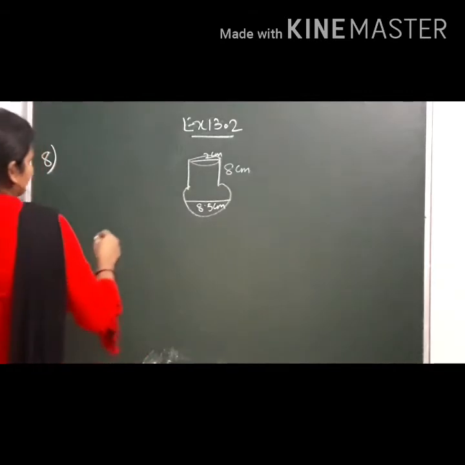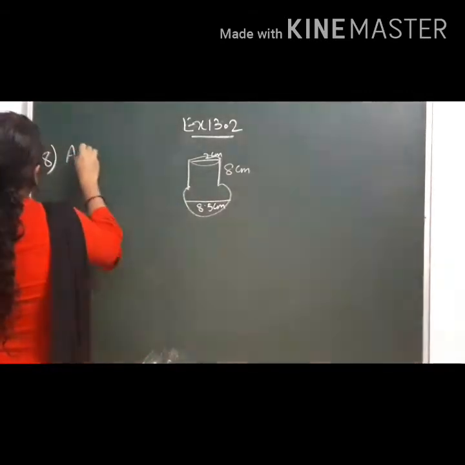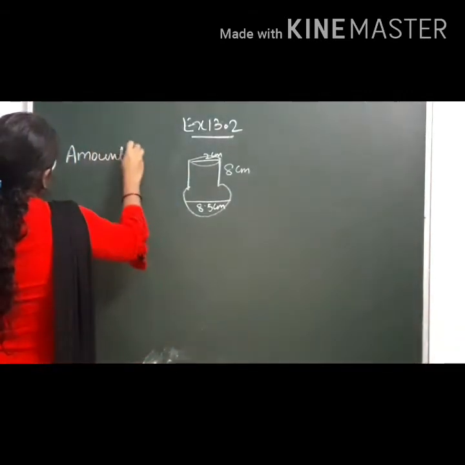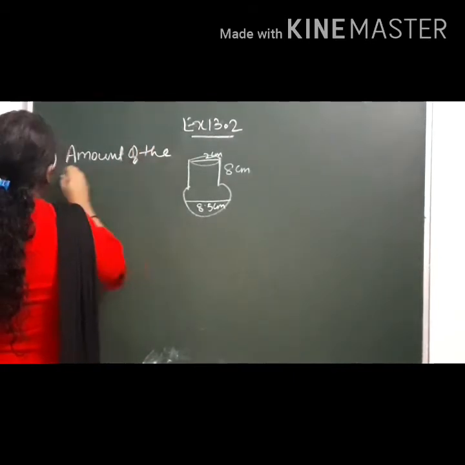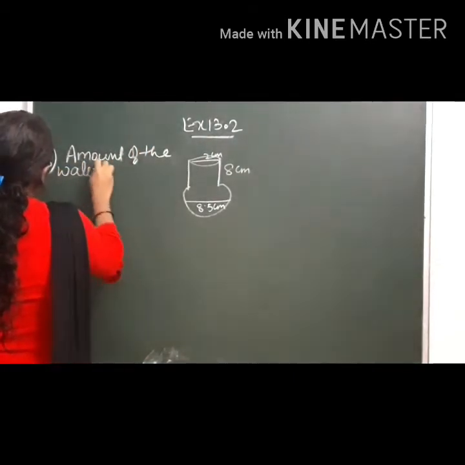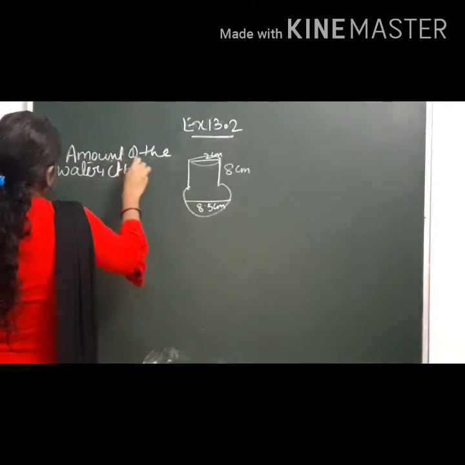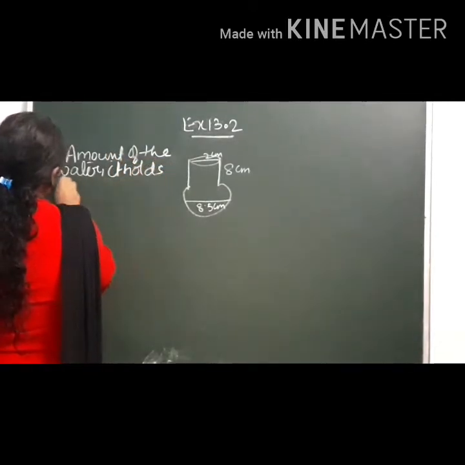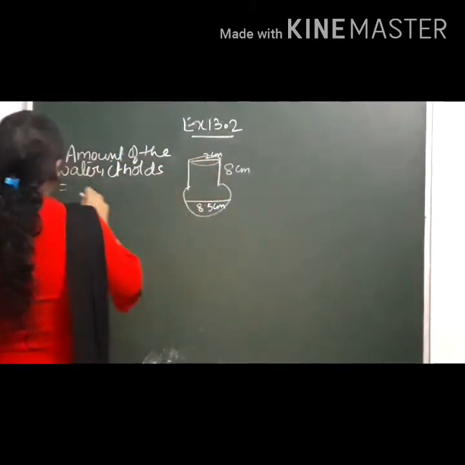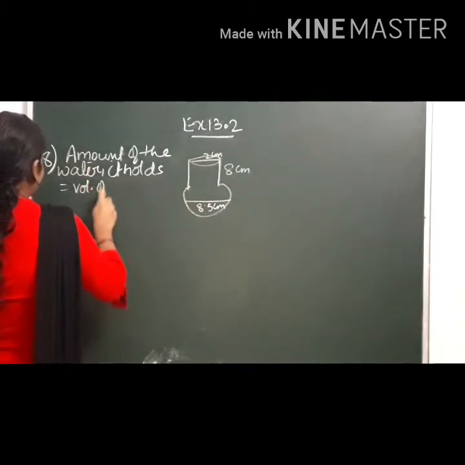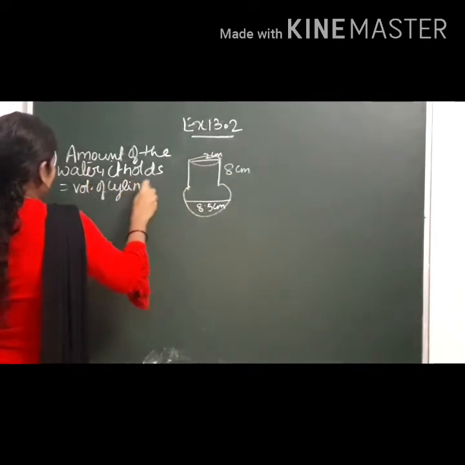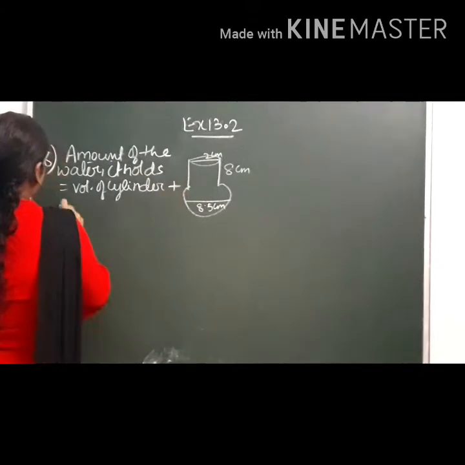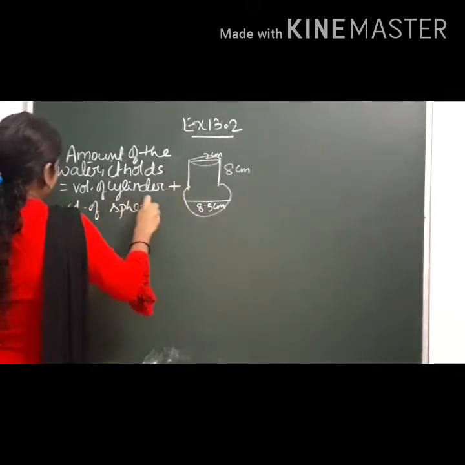So first of all, we will find out the amount of water it holds. It is equal to the volume of the cylinder plus the volume of the sphere.